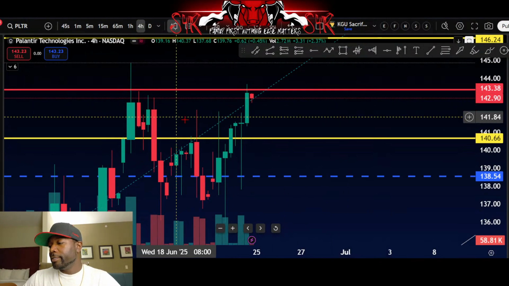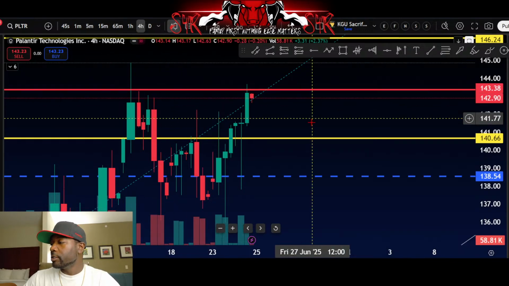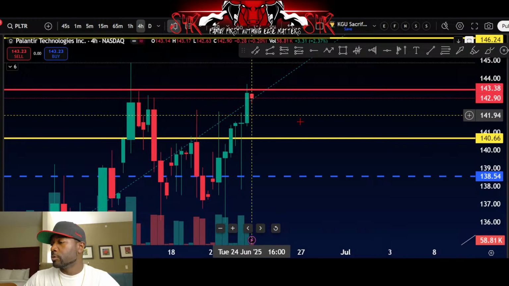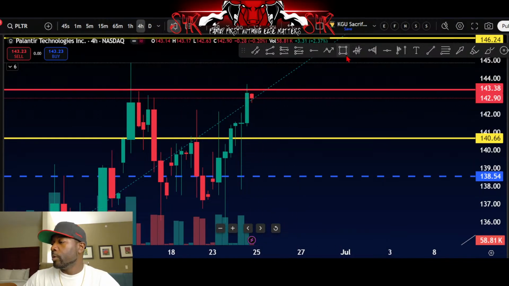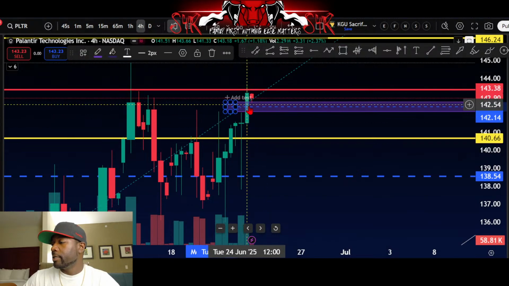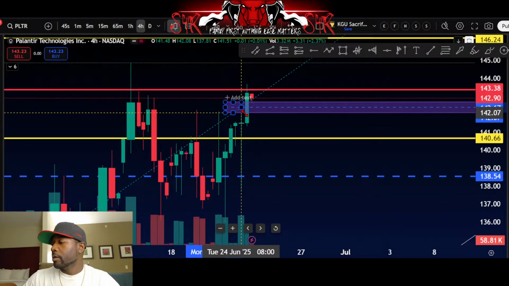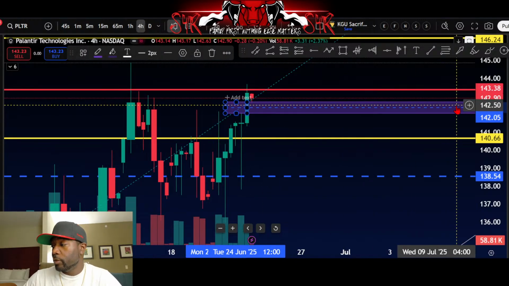So what I noticed, yeah, we have some wicking here. We failed to break below. We tested it multiple times, and now we're up here testing it again. Ultimately, we have an imbalance here, and essentially we need to break above 143.38.